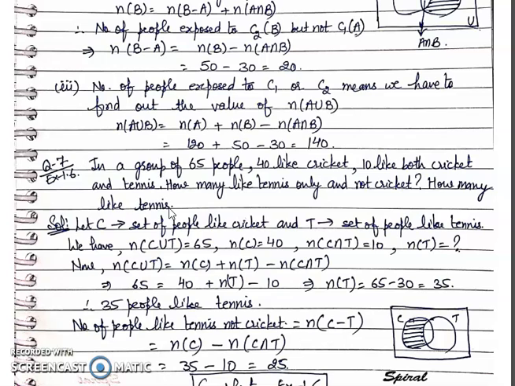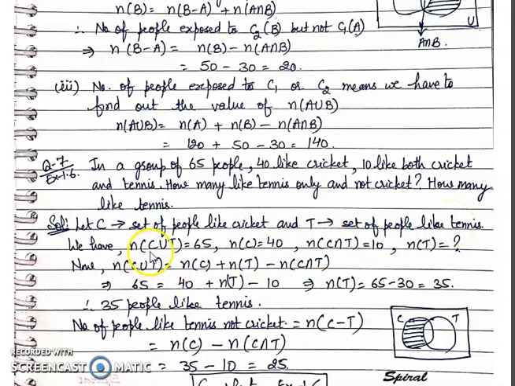So in a group of 65 people, from this question we find that all the people like either cricket or tennis. So it means 65 is C union T. Here we assume C is the set of people who like cricket and T is the set of people who like tennis.